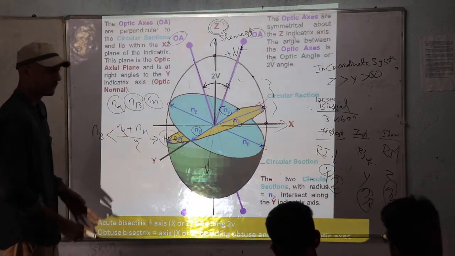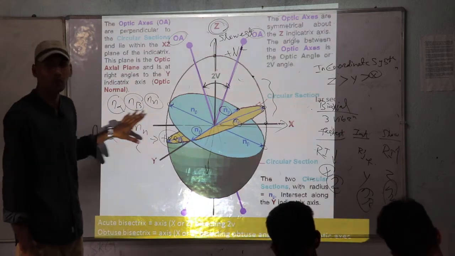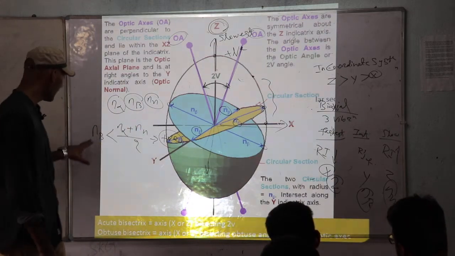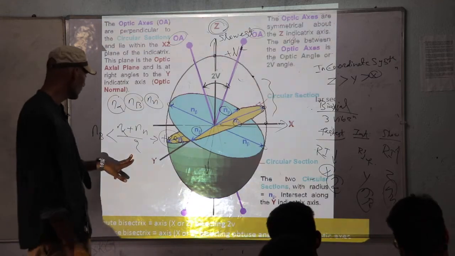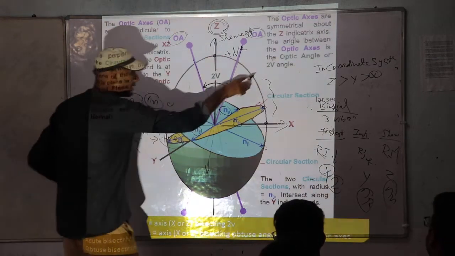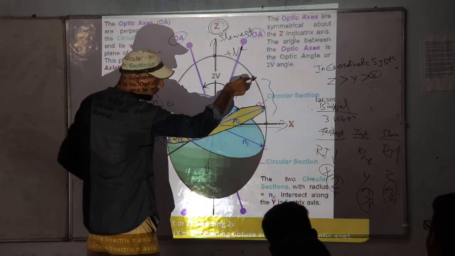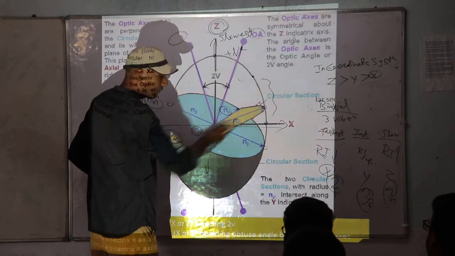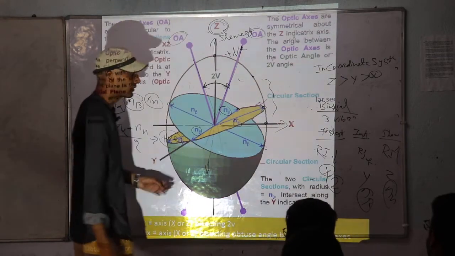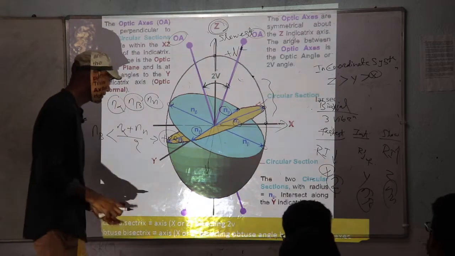Without going to the indicatrix, just from the three refractive index values: if n alpha plus n gamma by 2 is greater than n beta, then n beta is between the midpoint and the lowest value. That means it is closest to the X axis, so the optic axis will be closer to the Z axis.